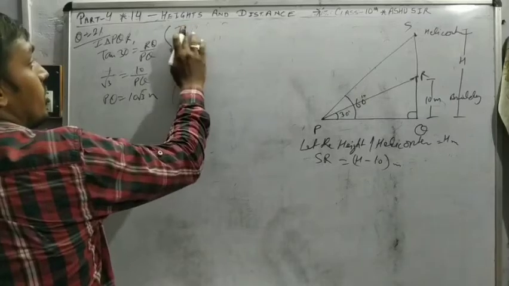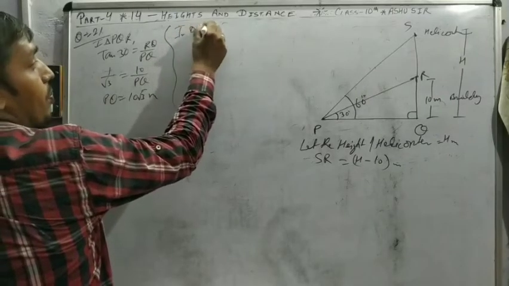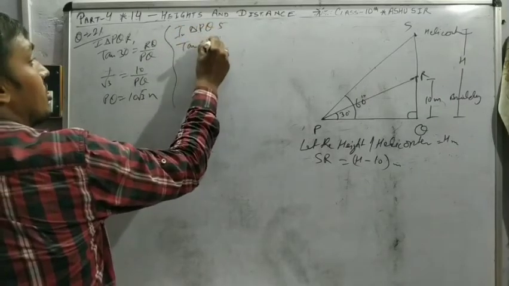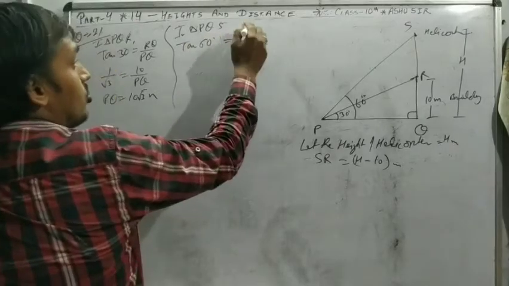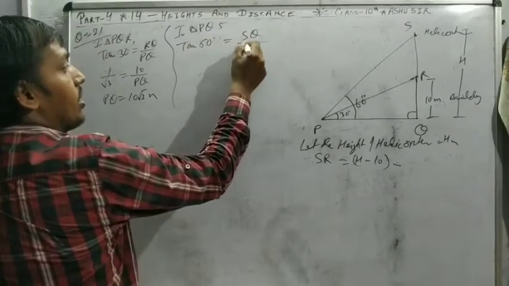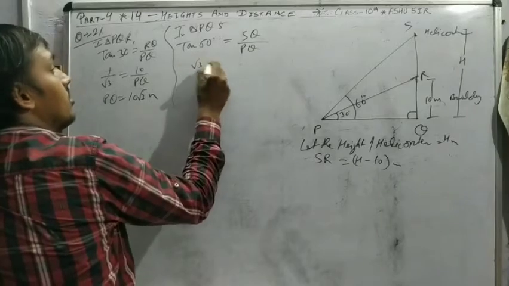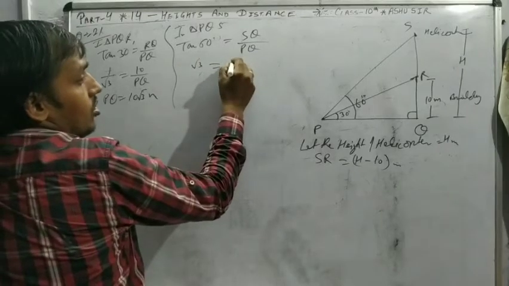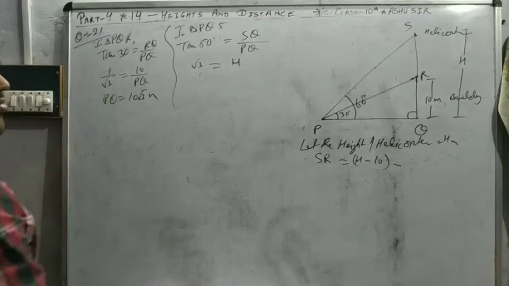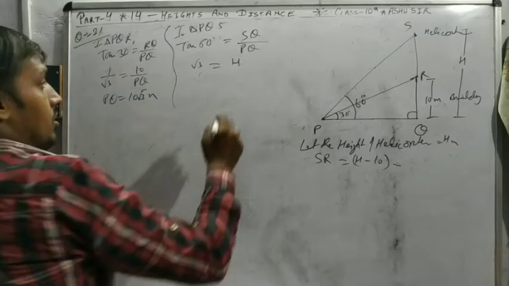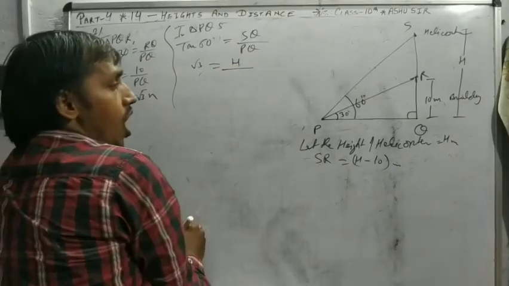Now use triangle PQS, tan 60. The step is same, so that is very rough work we have to do. tan 60 is SQ, that is h, upon PQ.